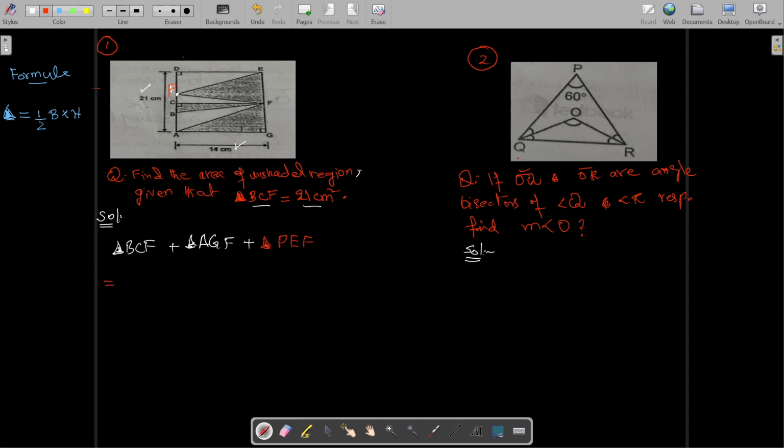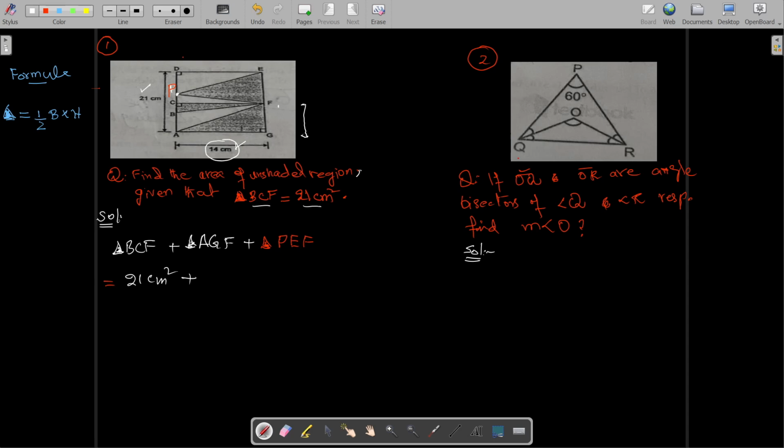The area of PCF is given, equal to 21 square centimeters. How much is the area of triangle AGF? If we take FG as the base of this triangle, the height will be 14 centimeters.